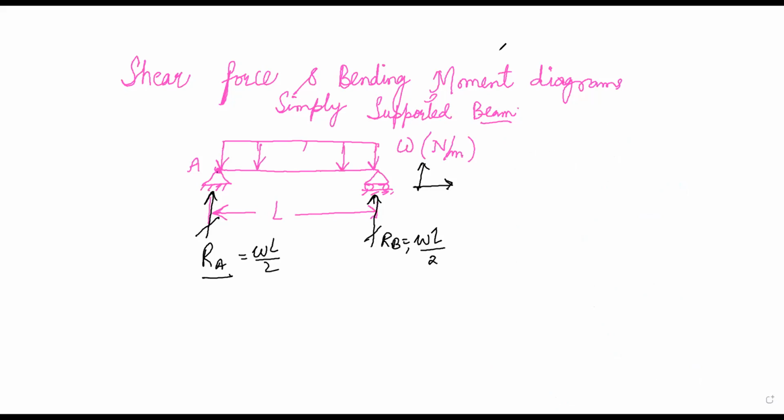Let's suppose this is here. Draw a section at any point of this beam such that the distance of the section from this end A is, say for example, X. Once you draw the section, you will get a beam portion like this.